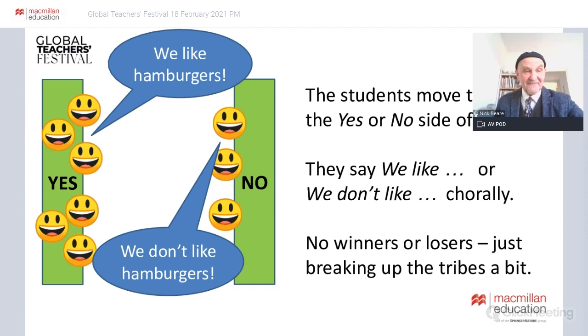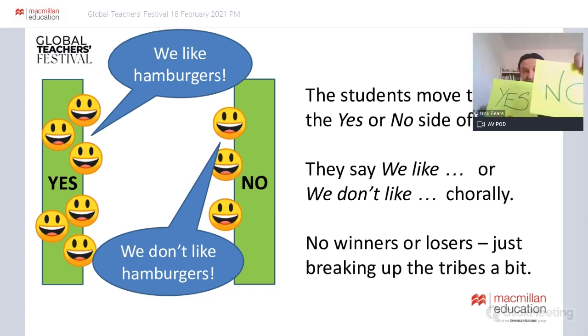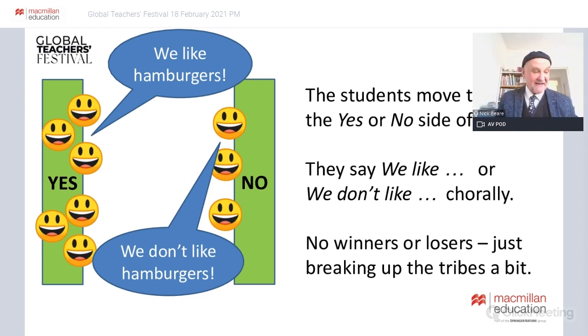A quick variation, which I did just now, was if you've got a situation like that, obviously you can't have a no side and a yes side, but you can give all the students a no sign or a yes sign, okay? So each student would get no or yes, and then they're all sitting in their places, and you say, who likes hamburgers?